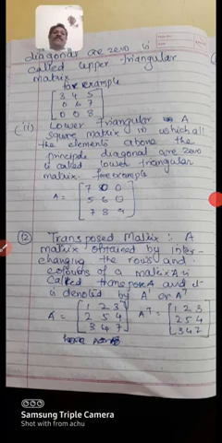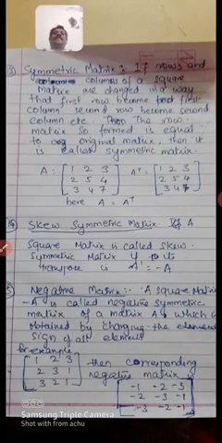Next is transpose matrix. A matrix obtained by interchanging the rows and columns of a matrix A is called the transpose of A and it is denoted by A dash or A to the power t. Symmetric matrix.